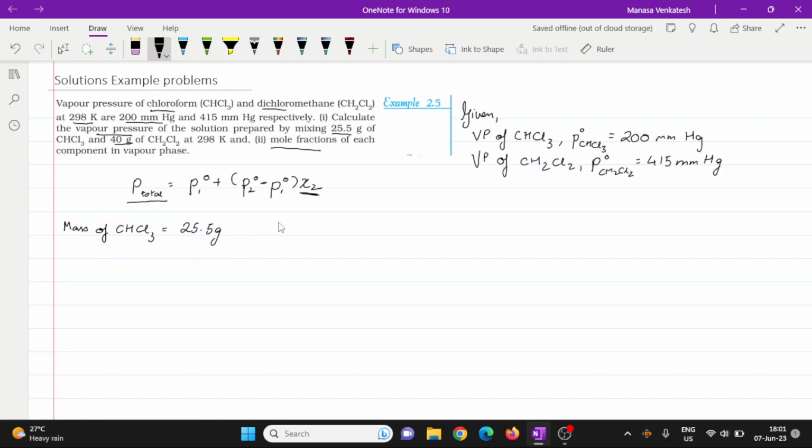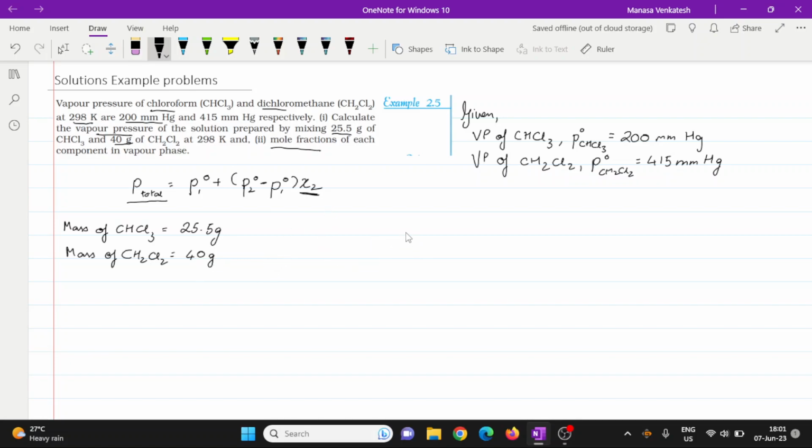Okay, we've also been given the mass of dichloromethane, which is CH₂Cl₂, which is here 40 grams. Okay, so we've been given the masses of both of these components. So from the masses, we can calculate the number of moles, right?